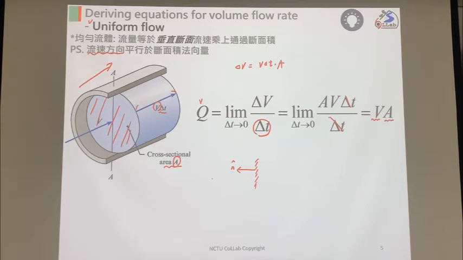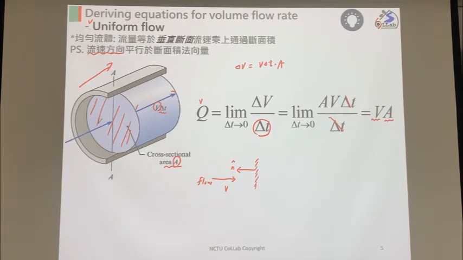And your flow is coming, this is your flow, and this is the velocity direction. So the velocity direction is always parallel to the normal vector of the cross-section area. Okay? If not, you cannot define the discharge as equal to V multiplied by A.